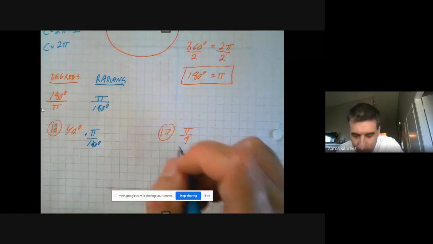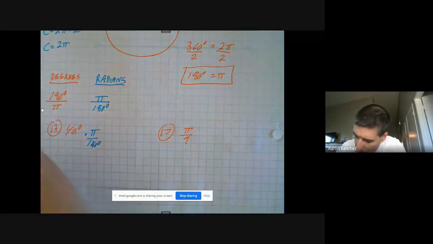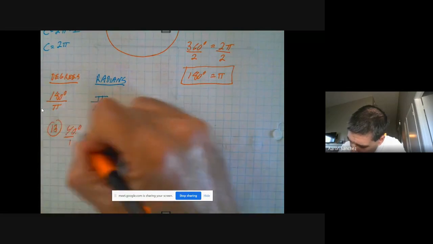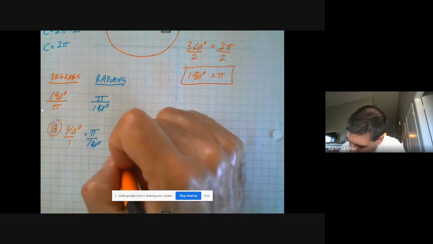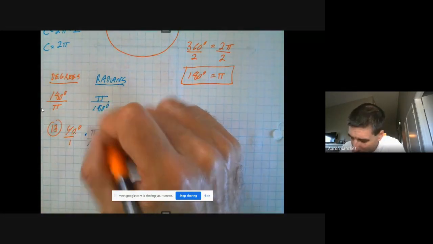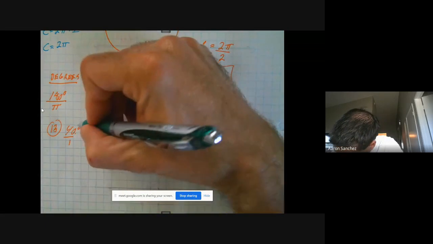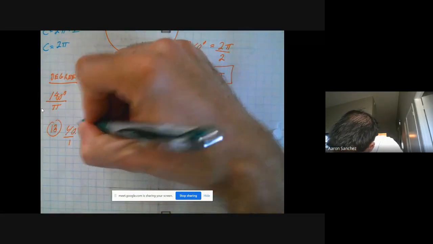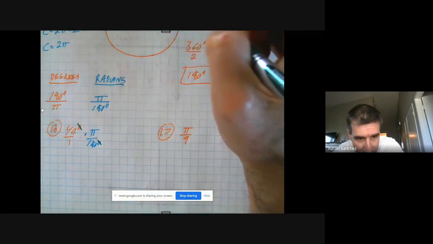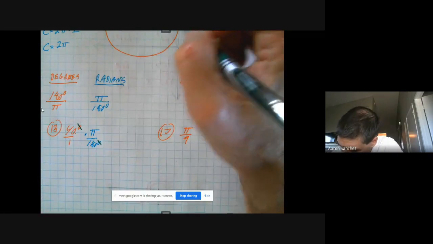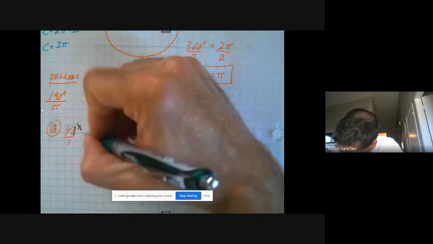And you guys remember how to multiply fractions? You multiply the numerator times the numerator and the denominator times the denominator. Okay? But guess what? See the degrees? You have degrees in the numerator, degrees in the denominator. Those are going to cancel out. And the 0 is going to cancel out too.